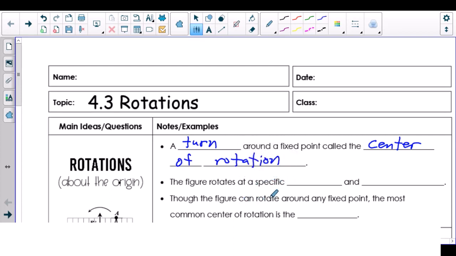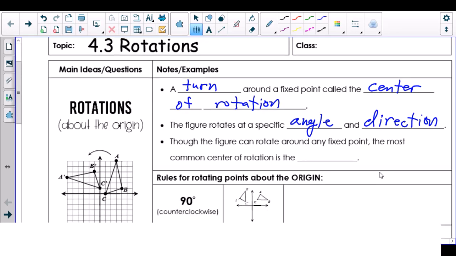The figure rotates at a specific angle and direction. Now, though the figure can rotate around any fixed point, the most common center of rotation is the origin. And that's really where we're going to focus today, rotating or turning something around the origin.